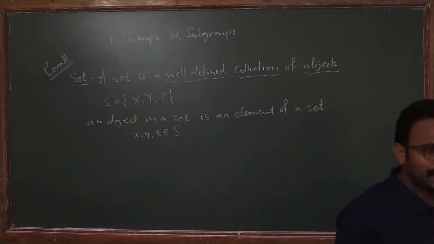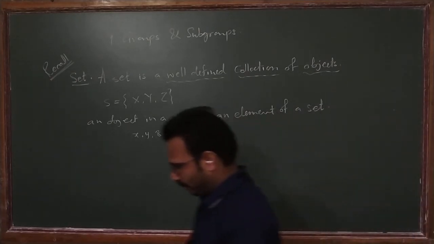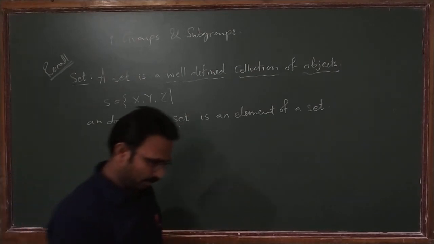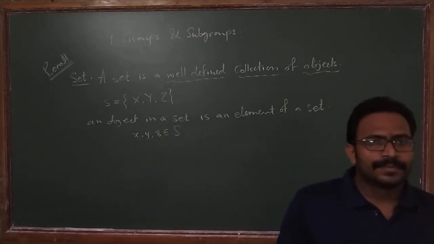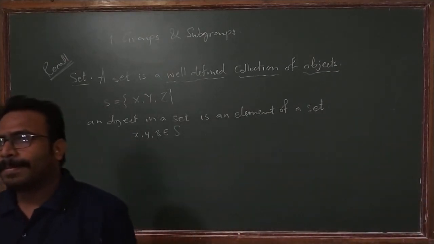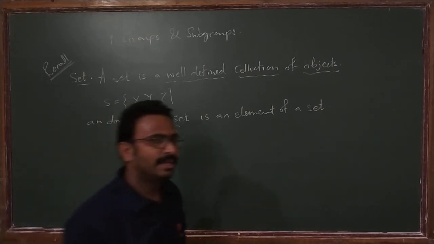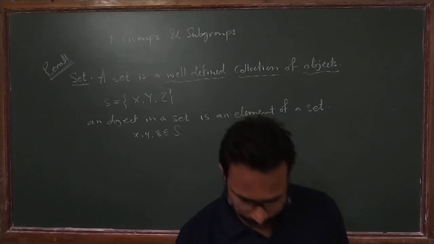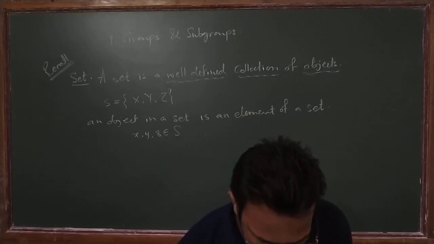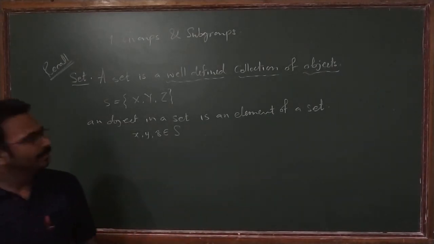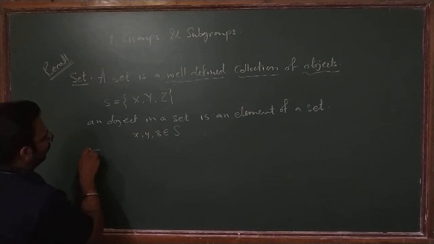So you may know some concepts of union of two sets, intersection of two sets, empty set, subset, superset, power set of a set, right? And then we are all familiar with sets of numbers.